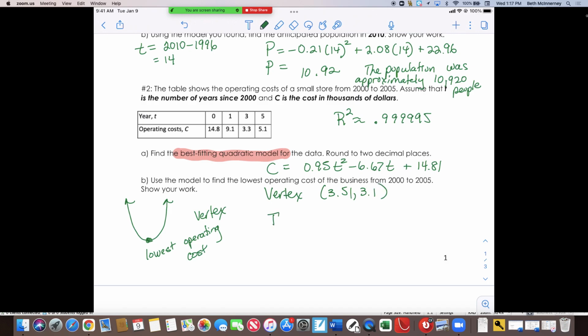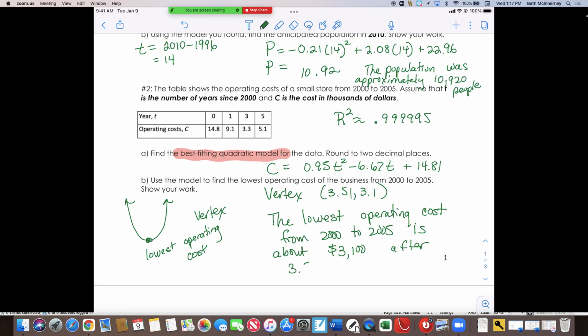So let's answer the question though. The lowest operating cost from 2000 to 2005 is about, remember this is in thousands, $3,100 after 3.5 years.